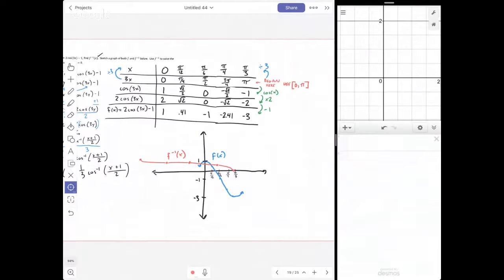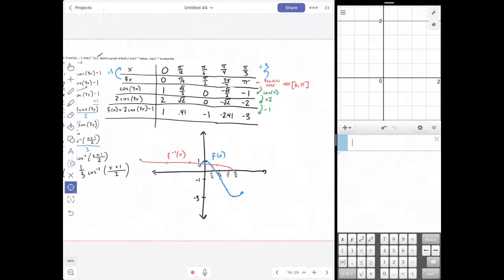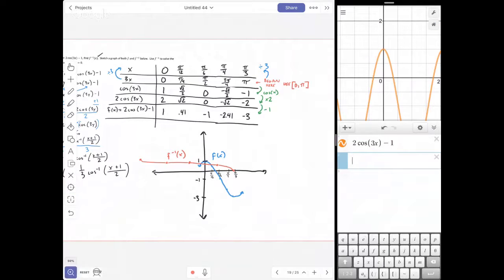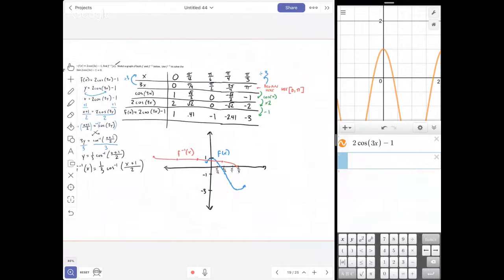So in Desmos, here's the original function, 2 cosine of 3x minus 1, and then the inverse, which we found to be 1/3 inverse cosine of (x plus 1)/2.